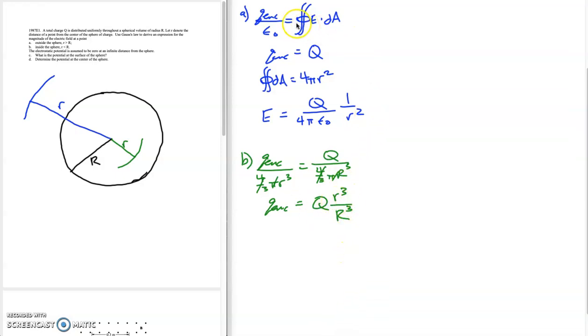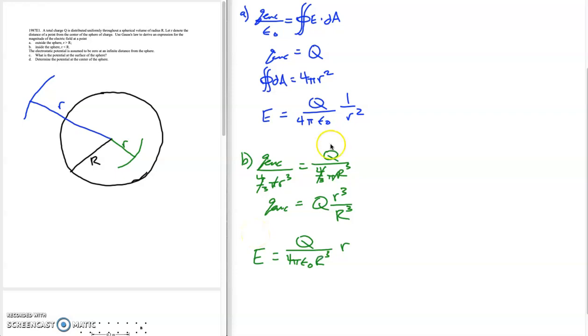Substitute these into our Gauss's law equation. We're still dealing with a sphere, so the area is still 4 pi r squared. And our electric field is then going to become Q over 4 pi epsilon naught r cubed, and then an r.